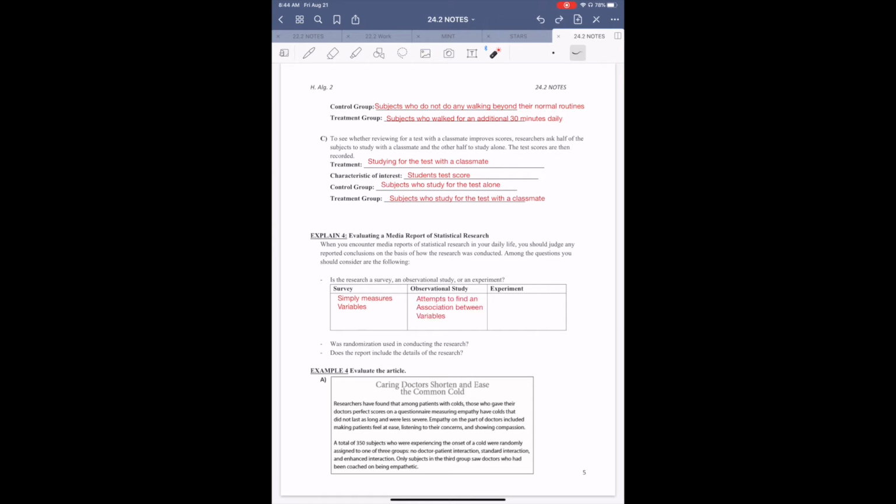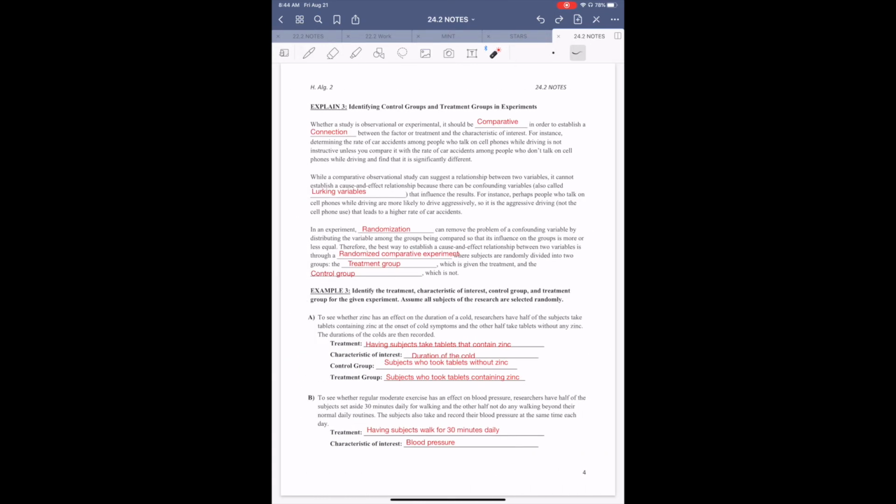Observational studies attempt to find an association between variables. For example, we saw a preview prior to this on drivers. There was this example on people driving using their cell phones.